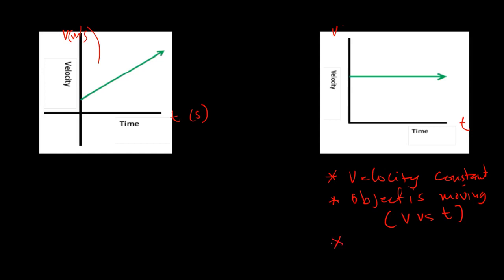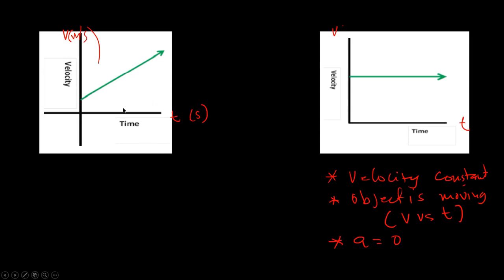And when the velocity is constant or not changing, the acceleration here is 0. So the only difference between these graphs is that the velocity here is not changing, however the velocity here is increasing.